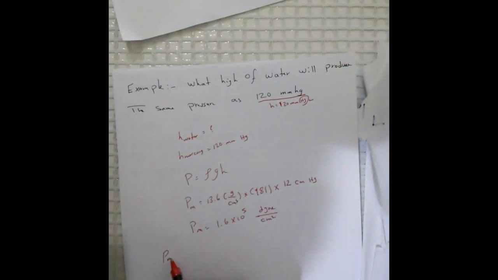That means P for mercury is the same as P for water, so I will use it the same. P for water equals rho g h. P of water, 1.6 times 10 to power 5, equals rho, which is now for water. I am using it for water. So rho for the small unit is 1, because I'm using the centimeter one, so it will be 981 multiplied by h, which is the required height of the water.